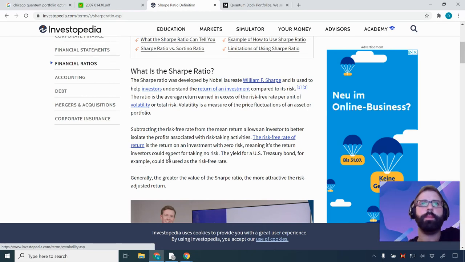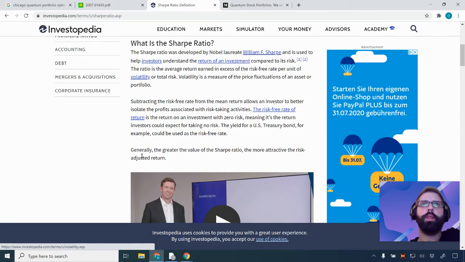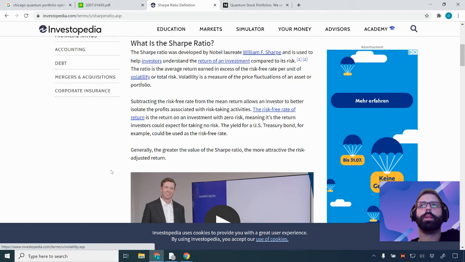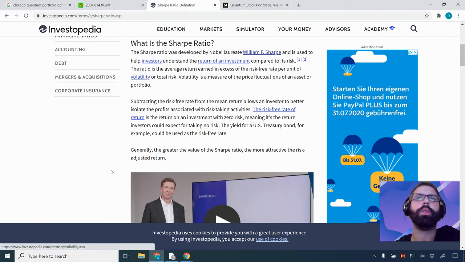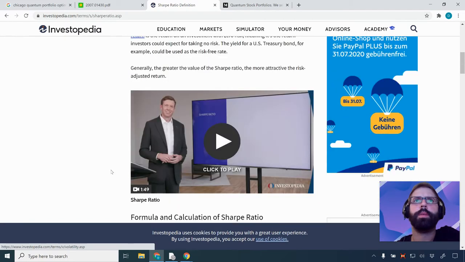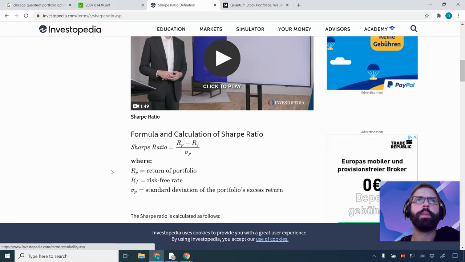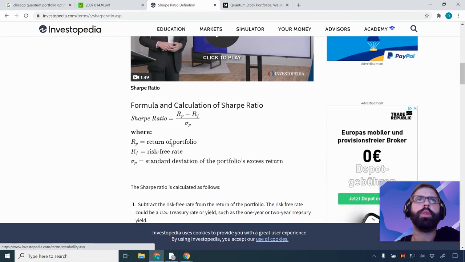Generally, the greater the value of the Sharpe ratio, the more attractive the risk-adjusted return. It is the return of the portfolio minus the risk-free rate divided by the standard deviation of the portfolio's excess return.